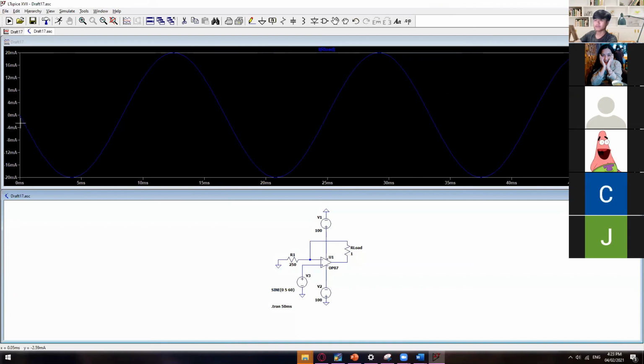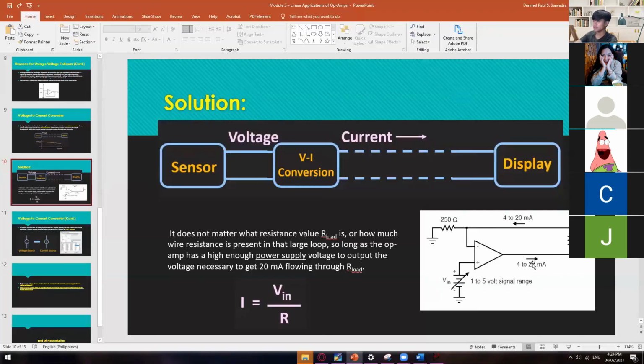So as you can see, we have a peak-to-peak negative 20 milliamps to positive 20 milliamps. So are we getting the same result? Yes, as you can see, we have here a result of 20 milliamps. And then why negative? Because as you can see, the polarity of your circuit now is something like this. So positive going out here is still positive, but once it passes through this R load, your current here will become negative, due to the polarity of your R load.